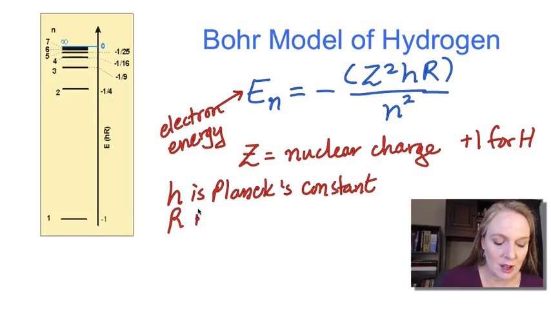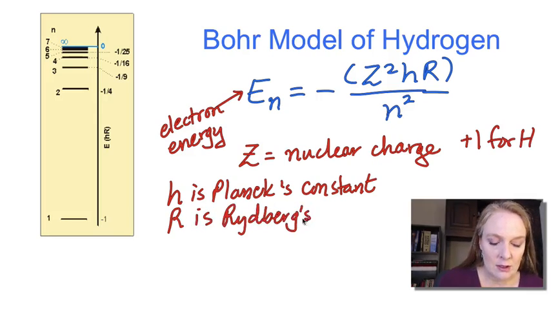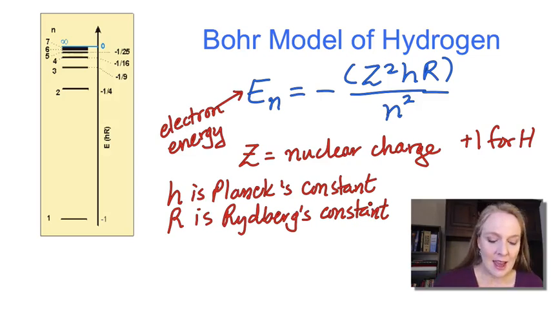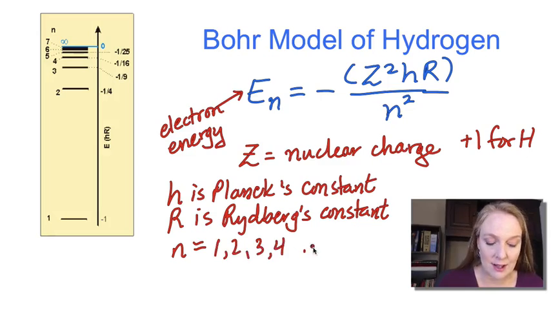R is Rydberg's constant, but it's Rydberg's constant in a unit of frequency, which is a little bit different than the unit in the equation we showed on the previous slide. And n is an integer, but it's a positive integer. So n can be 1, 2, 3, 4, etc.